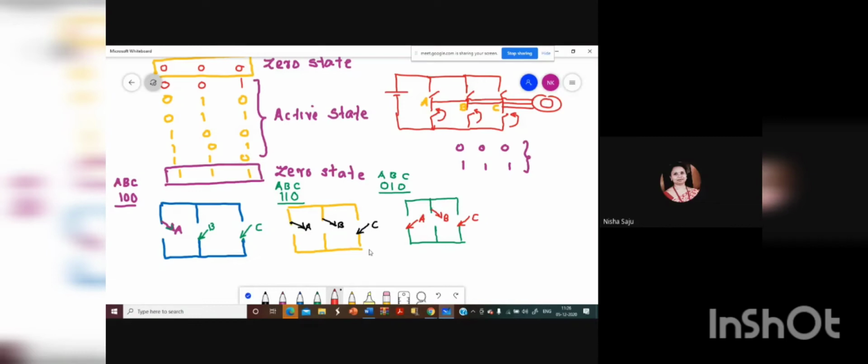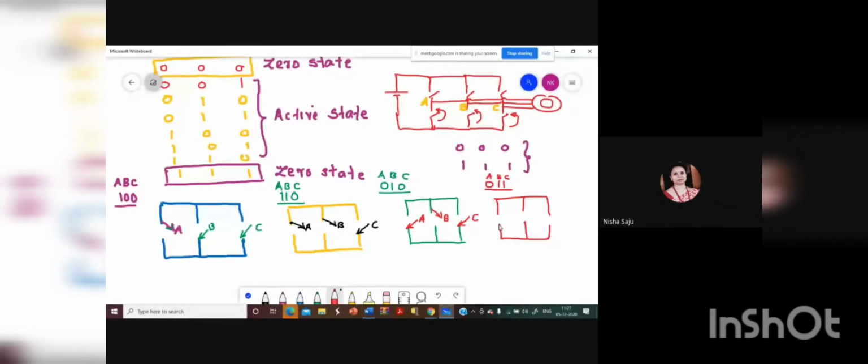Can anyone draw for 0, 1, 1? All the combinations, if possible, you can draw it. If you are correct or confident, then it's good. Else, you can just copy it down. So here you will have 0, 1, 1. 0 means again you will have A, this is B, and this is C. Our assumption is that 0 means the bottom switch will be 1.